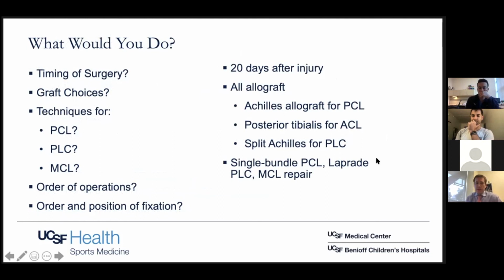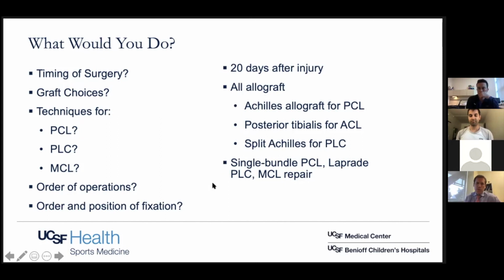For something like this, I would encourage all allograft. This is going to be a lot of work on the knee, and taking hamstring, quad, or patellar tendon will add both operative time and graft site morbidity. You could incorporate autograft for any of these, but I think it'll be a lot more streamlined with allograft.